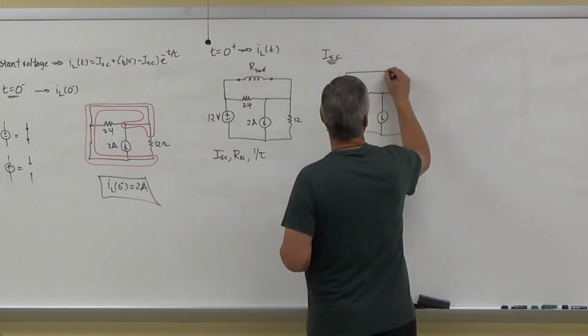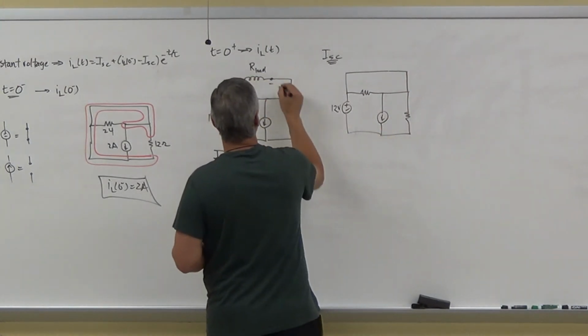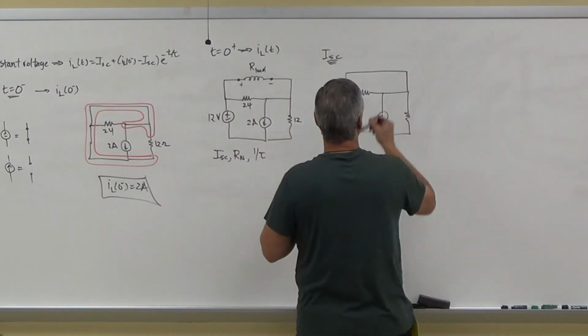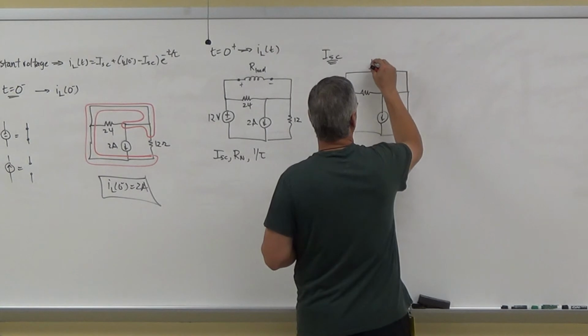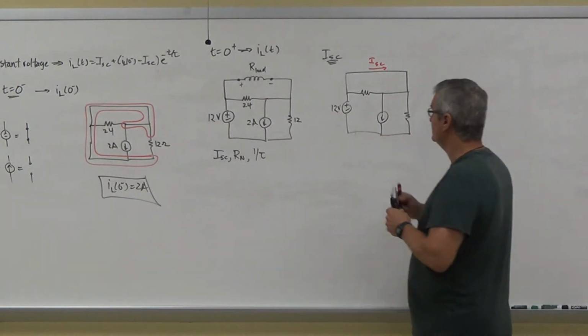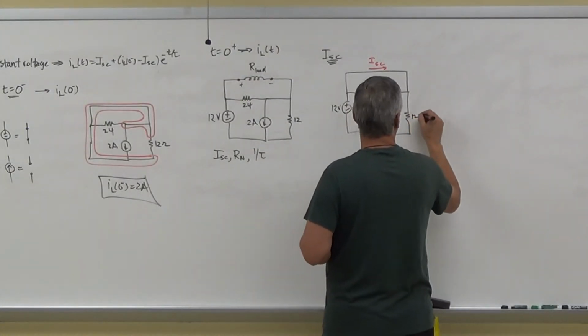So note, this is a different circuit right here. And so I'm going to define my plus and minus sign in that direction right there. So that means this guy is going like this here. I short circuit right there. So this is 24, 2, 12.